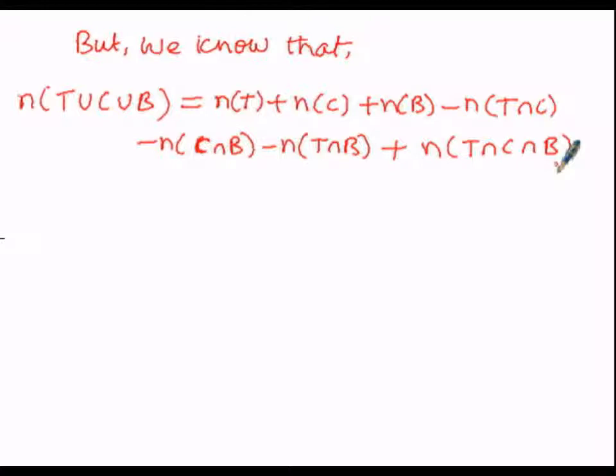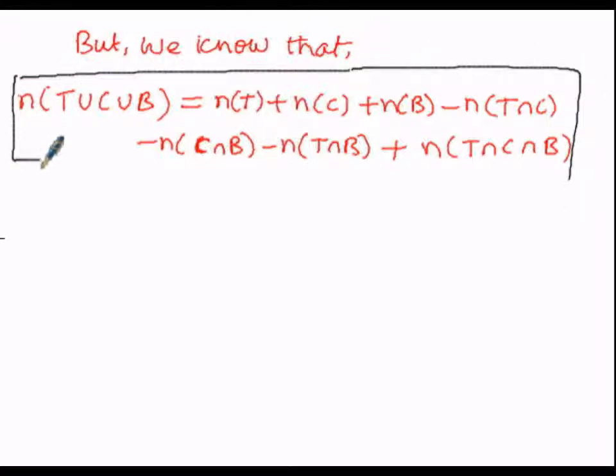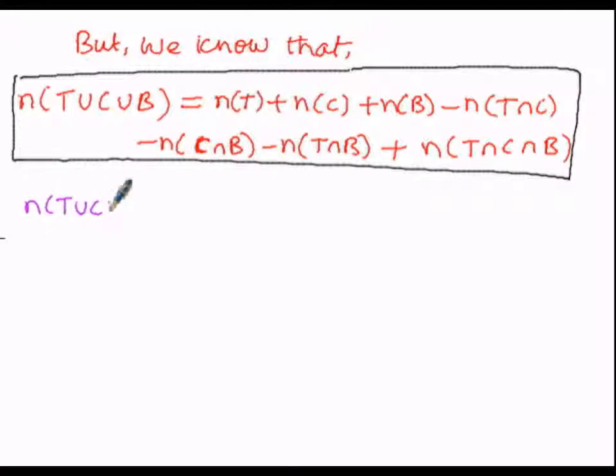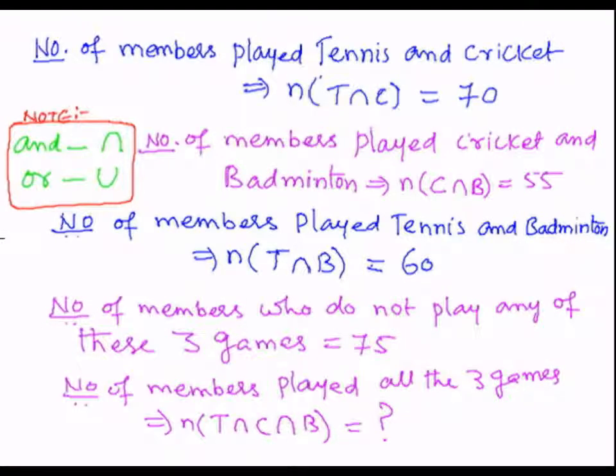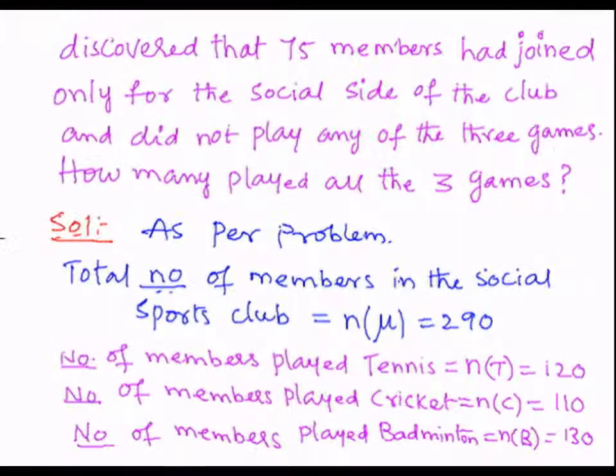Based upon this formula, we can find out the unknown which is to be found. As per the problem, n of T is 120, n of C is 110 and n of B is 130.